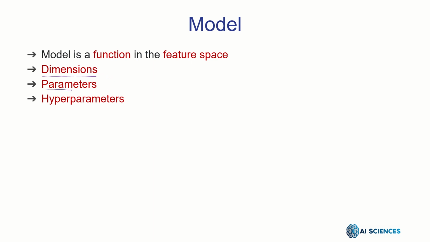Where the dimensions refer to the data, the parameters normally refer to the function. For example, we have a function f of x, and let's say that function is 3x plus 4. Let's say somebody told us that the model is some function, and that function is linear.